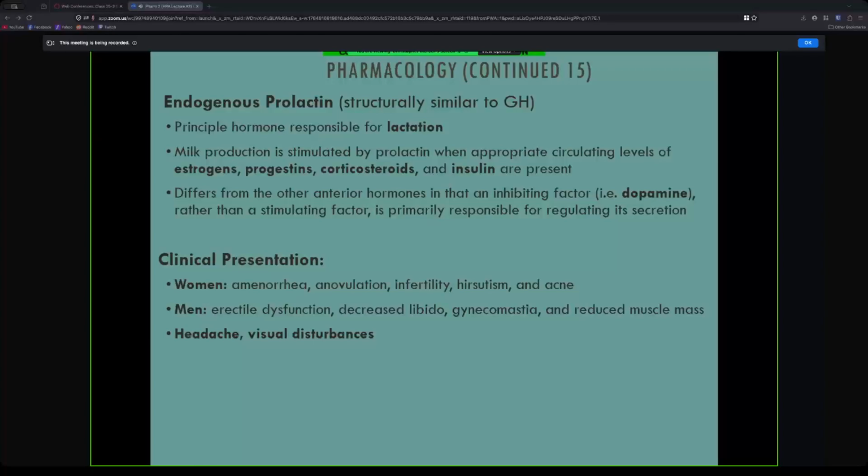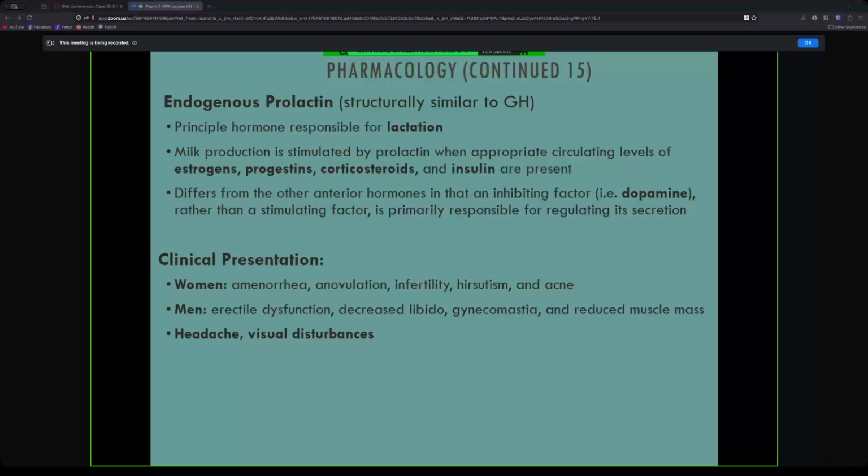We talked about the physiological quirk here with prolactin in earlier slides. It's unique among these anterior pituitary hormones because it's under tonic inhibitory control, and we mentioned that was by dopamine, also known as prolactin inhibitory hormone, from the hypothalamus.